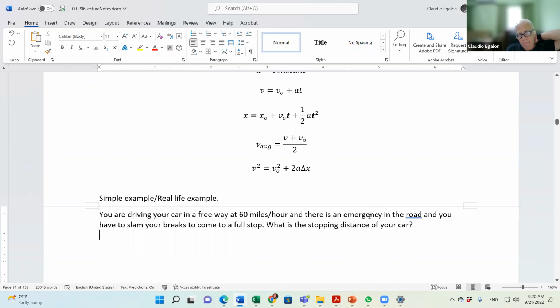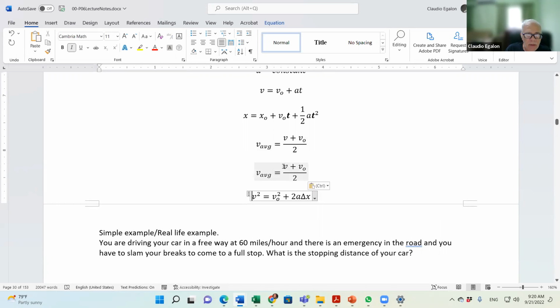Let's see if we can do that with this one. And by the way, there is one more equation that I have to tell you: in reality there are 6 equations.